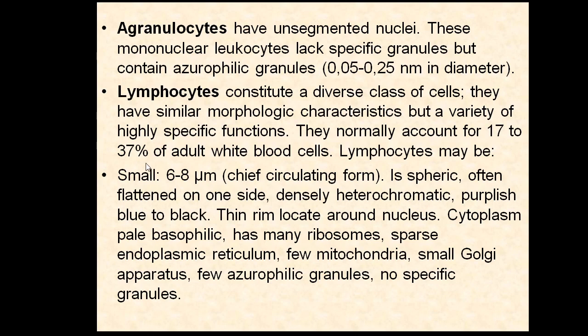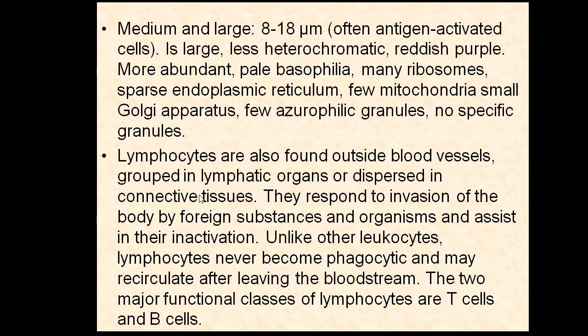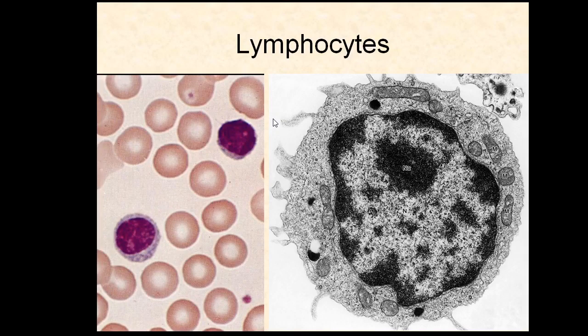Lymphocytes may be small, 6 to 8 micrometers, medium size, 8 to 18 micrometers, and large, more than 18 micrometers. Now you see a lymphocyte. It is a slightly blue cell, next to an erythrocyte.